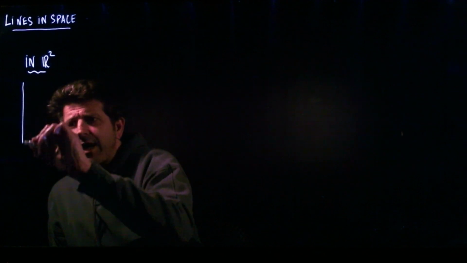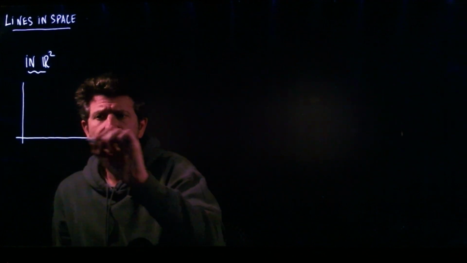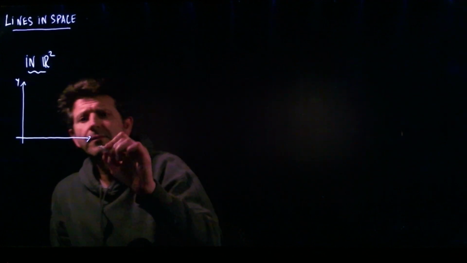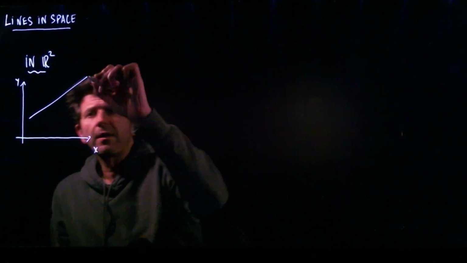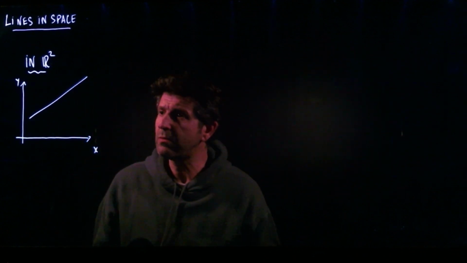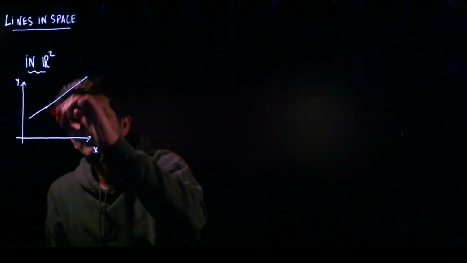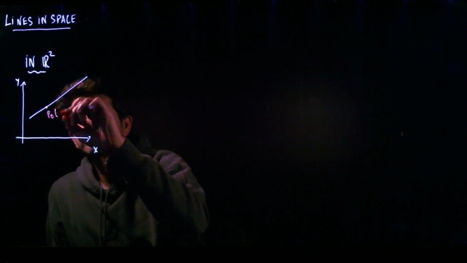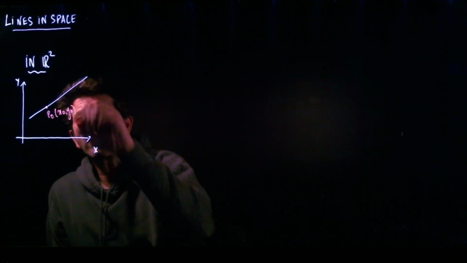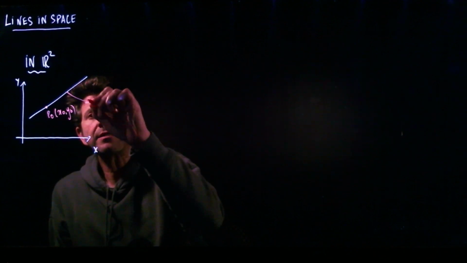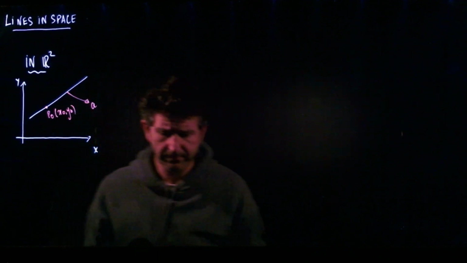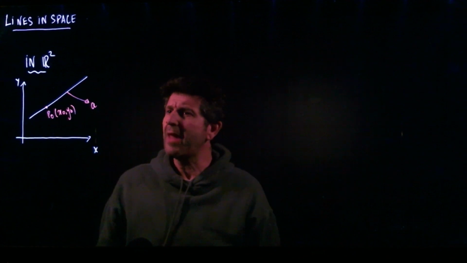Okay, so what's happening in R2? Let's say I have a line that passes through point P0, so x0, y0, and has a slope A. And I'm asked to find the equation of this line.